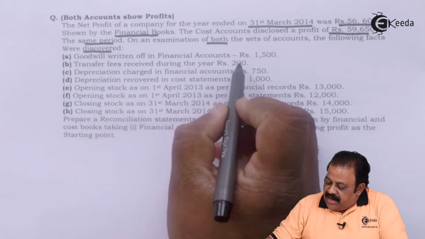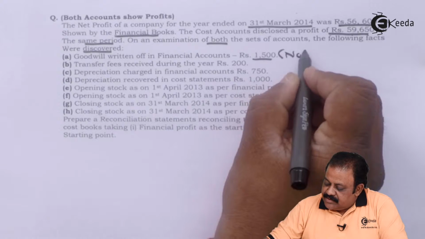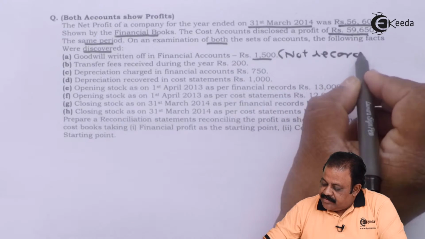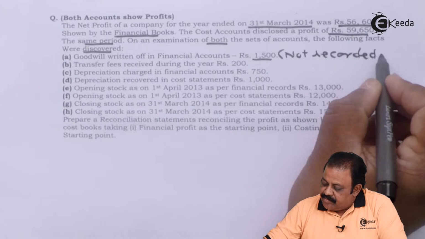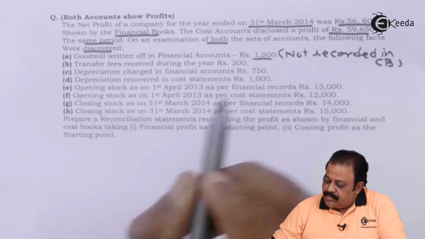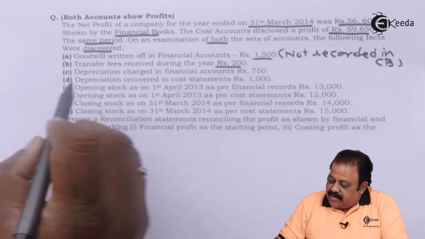Goodwill written off in financial account 1,500. It is not recorded in cost book. Transfer fees received during the year 200.